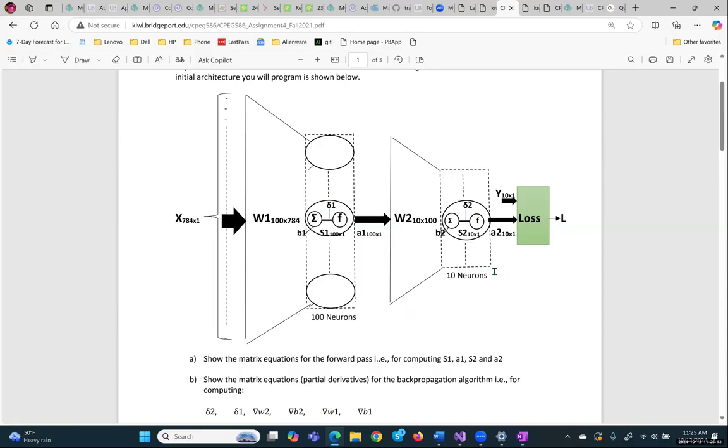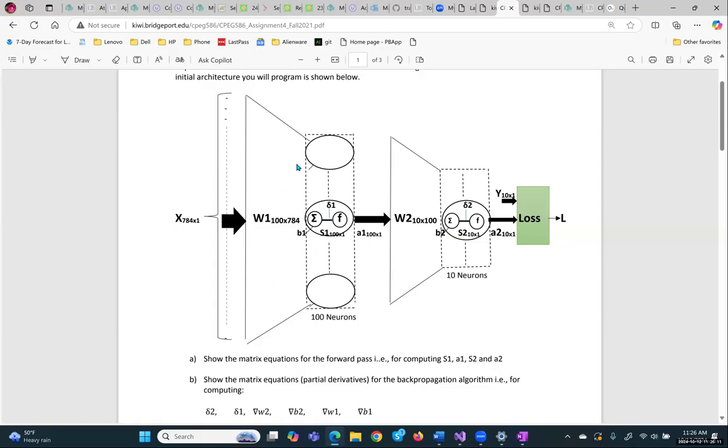Okay, so let's see if we agree on the weight matrices over here and the bias vectors over here. If we decide to use 100 neurons in the hidden layer, what will be the size of this W1 matrix that I am calling W1? Remember it goes by output size, input size.